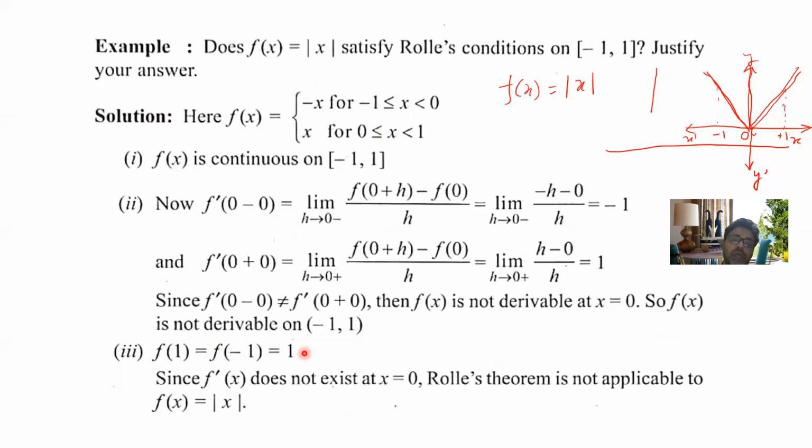But since this is the first time you are doing this, I am checking all 3 conditions of Rolle's theorem one by one. So the second condition, differentiability, is not satisfied. Therefore Rolle's theorem is not applicable for the function f of x equals mod x.